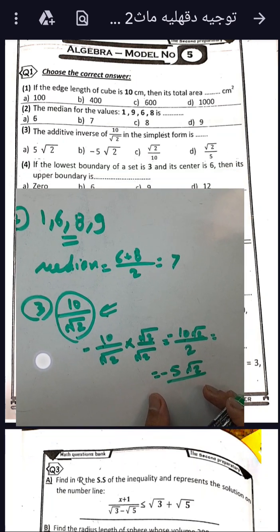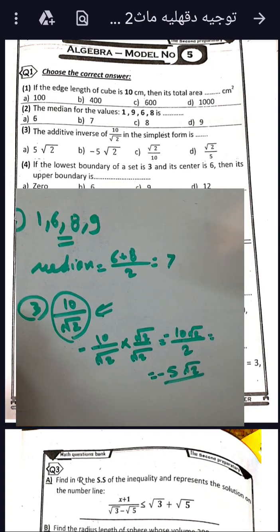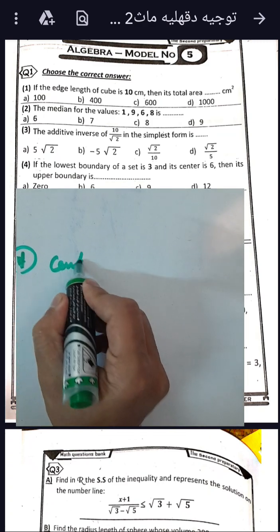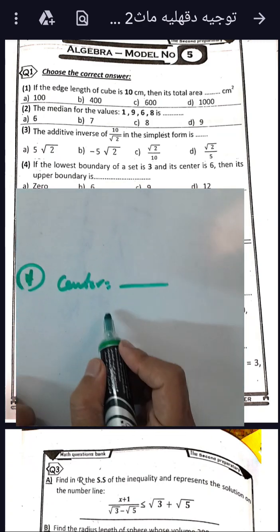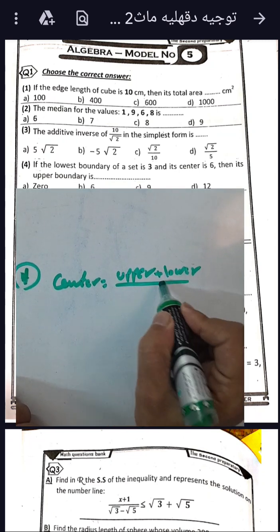Question number 4. The lowest boundary of a set is 3 and its center is 6. Then the upper boundary is what? We know the center equals upper plus lower divided by 2. Then you can write the rule about the center: upper plus lower value divided by 2.